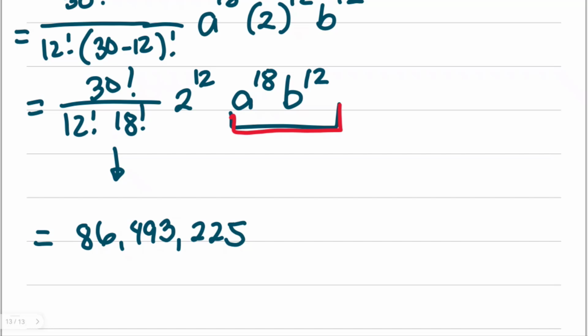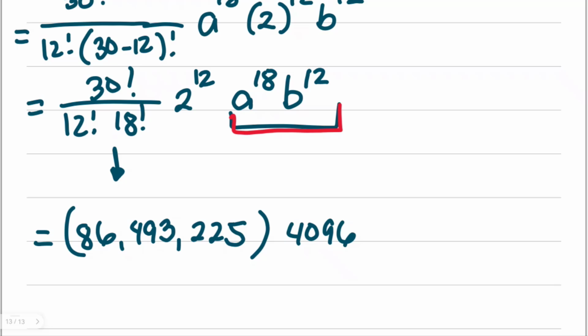This is the result for 30 combination 12, or 12 taken from 30, times 2 to the power of 12, which is equal to 4,096.